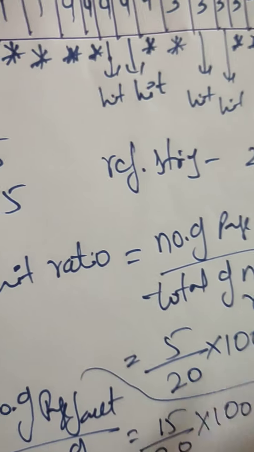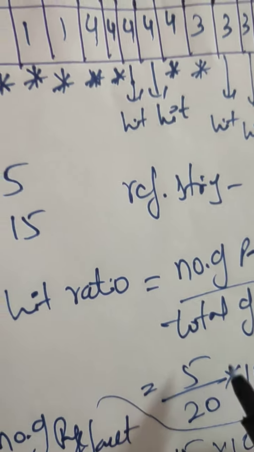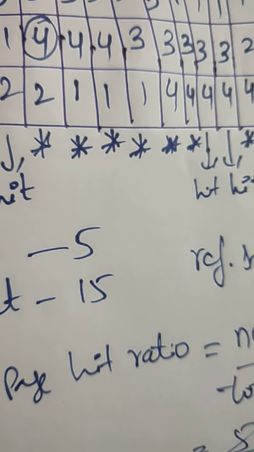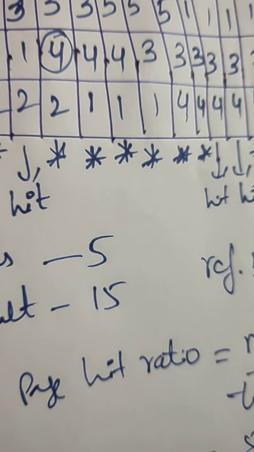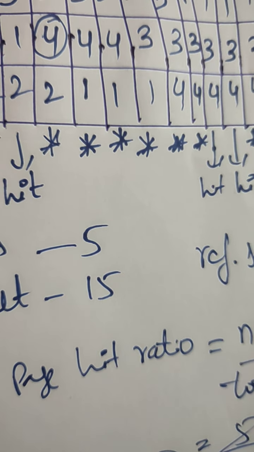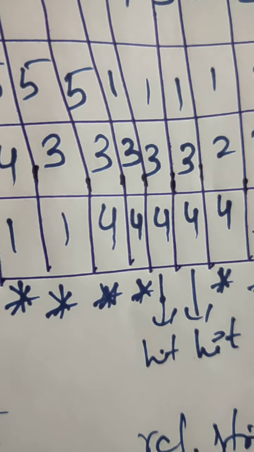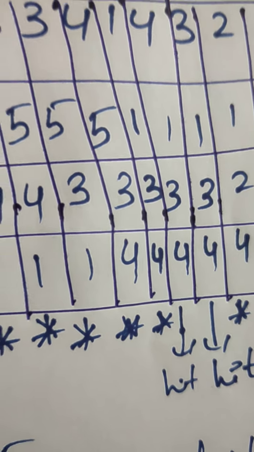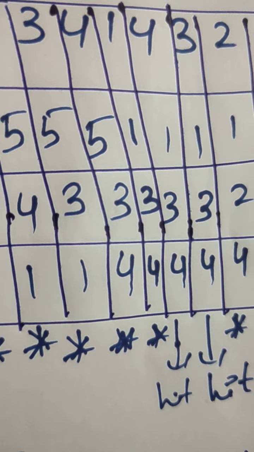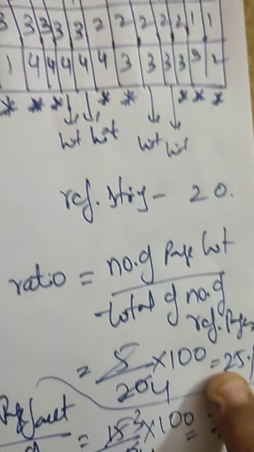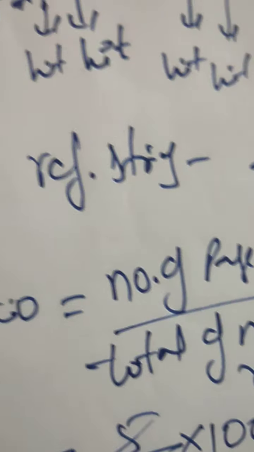If you calculate, approximately you are going to get 25% for the hit ratio, and approximately 75% for the fault ratio. So 25% page hits and 75% page faults, which means more page faults occur here.